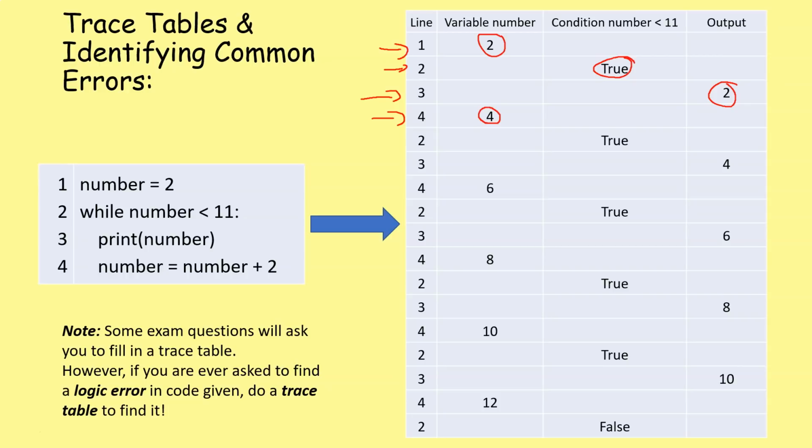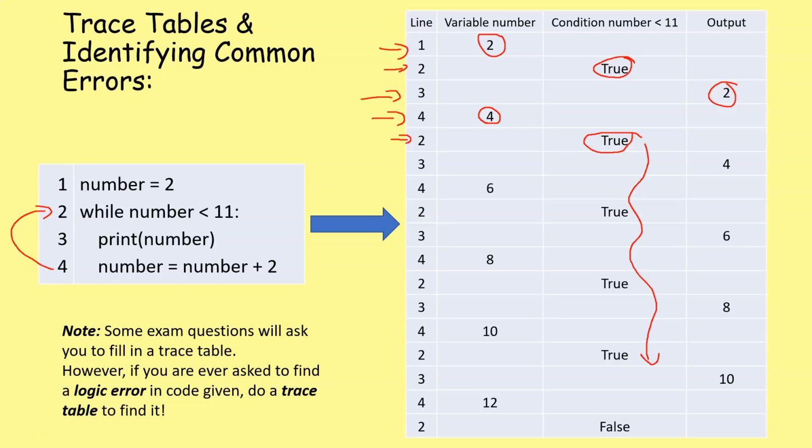Now here we go back to line 2, because it's a while loop. We jump all the way back to line 2 until number is no longer less than 11. So we go back to line 2. Is 4 less than 11? Yep, that's true. And we continue on down our program.